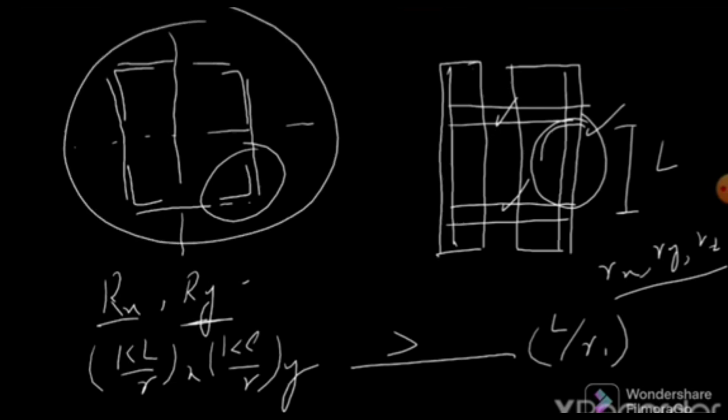This is because if the slenderness ratio of this individual member is greater than the overall slenderness ratio of the member, then this portion of the member will buckle before the overall buckling of the member. So we need to ensure that the overall section buckles, but the local part of the section should not buckle.